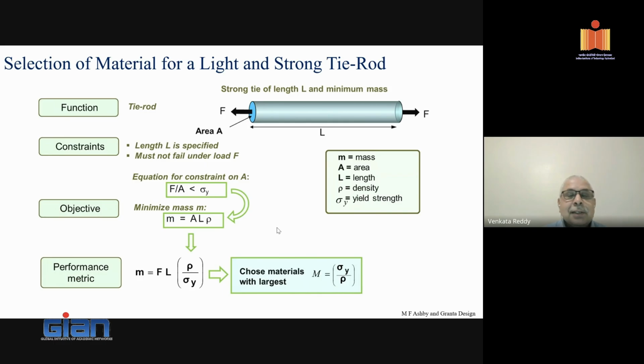Now the remaining things I don't need, because you all know your stress should be less than sigma y, the mass should be the objective to minimize. Okay. Now area, length and density. Then if you look at all this and then by plugging in this, the material which you have to select is the one which is having the maximum of this.